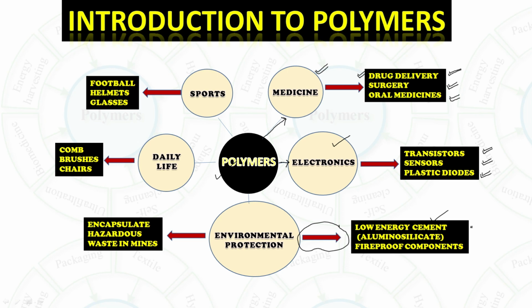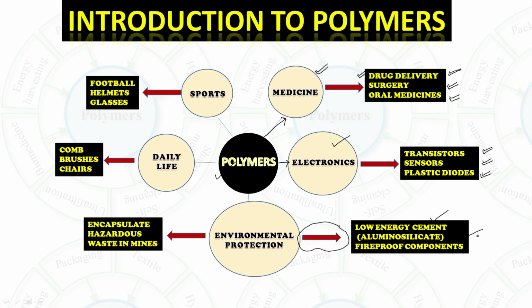Generally, if you have Portland cement, I am assuming that you know about Portland cement. The cement industry produces cement, which demands very high energy. But we can also prepare a cement like aluminosilicate cement.